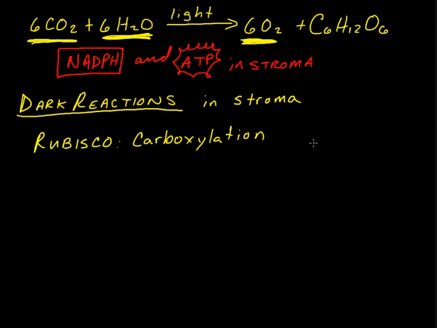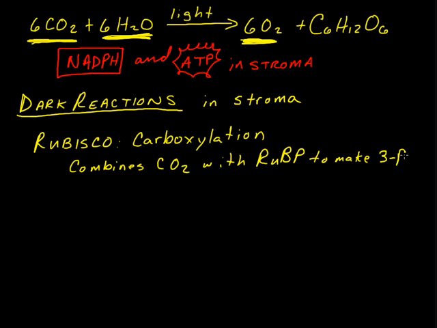And if you're following along in your notes, it states specifically what rubisco does. Rubisco basically combines CO2 with a molecule called ribulose bisphosphate, or RuBP for short, to make a substance that is called 3-PGA.